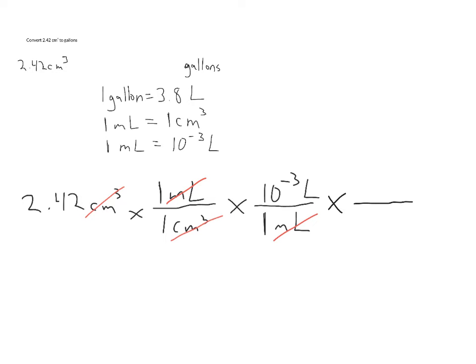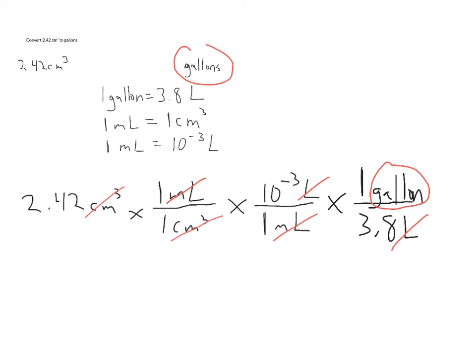And there are 3.8 liters in 1 gallon. Liters cancel. We are in the unit the question is asking us to solve for. The problem is set up.